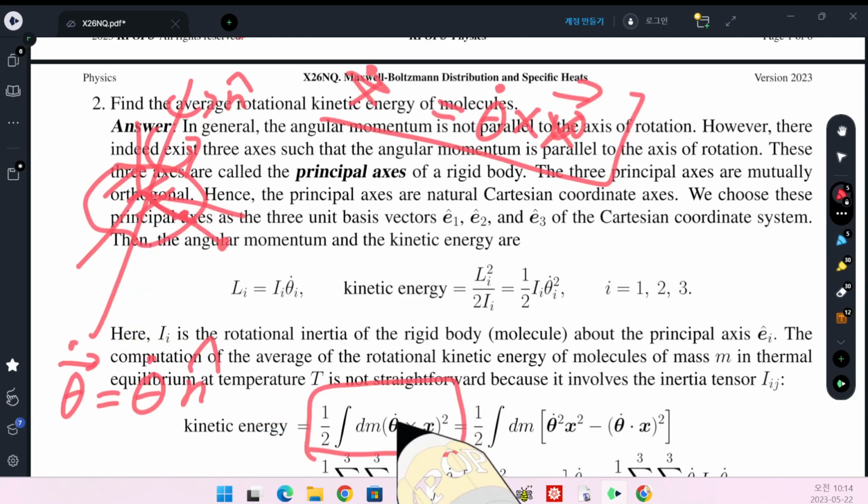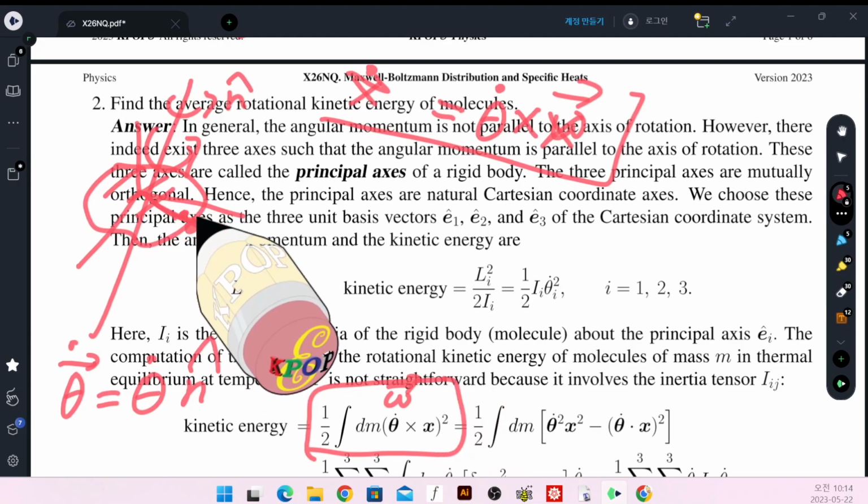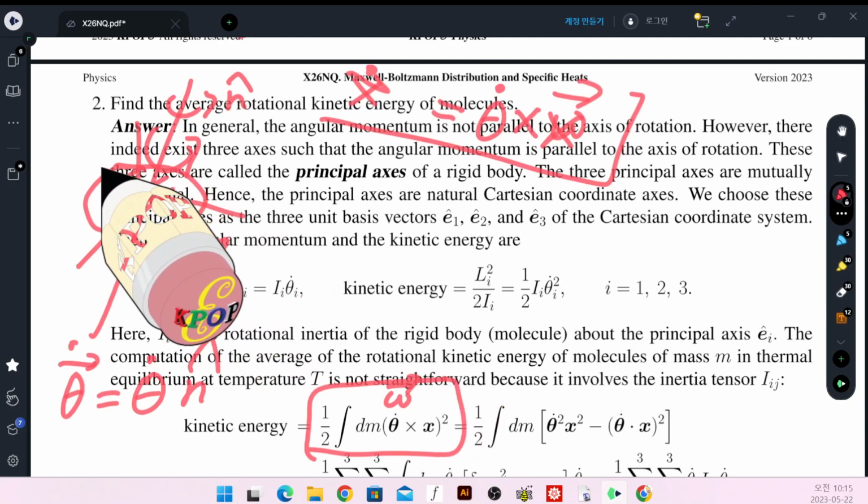We usually use the notation omega vector for the angular velocity vector. So omega cross x should be the velocity of an object fixed in a rigid body.